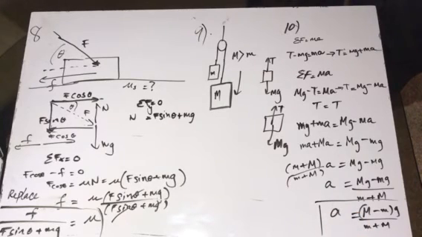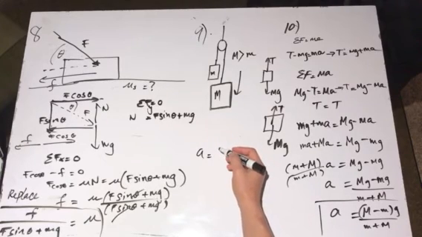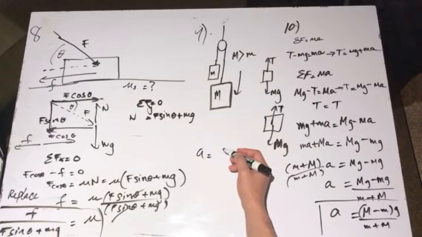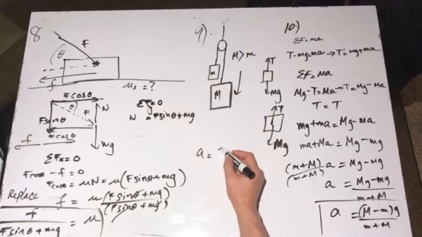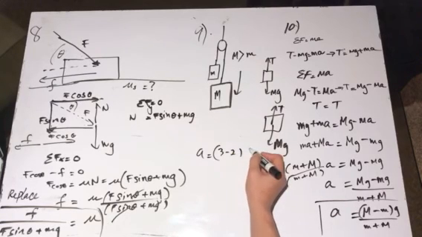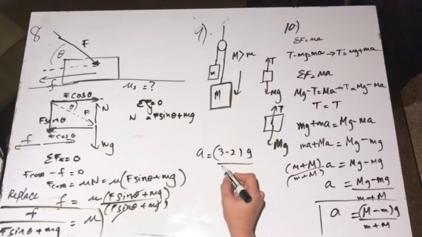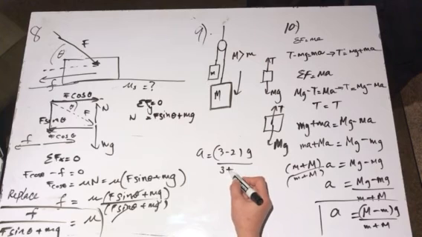So when you apply it for question number 9, the answer you should have gotten: go ahead and replace for number 9. My big M is equal to 3, minus 2, times g, divided by 3 plus 2.